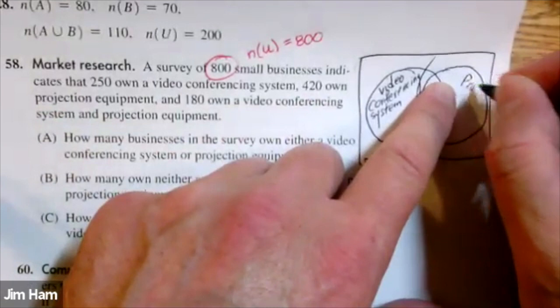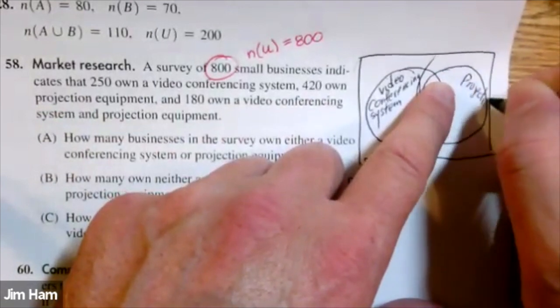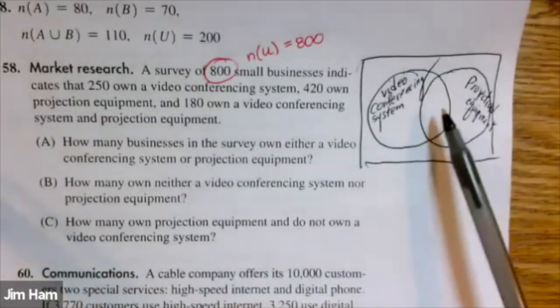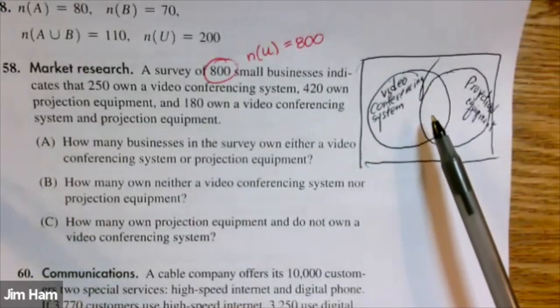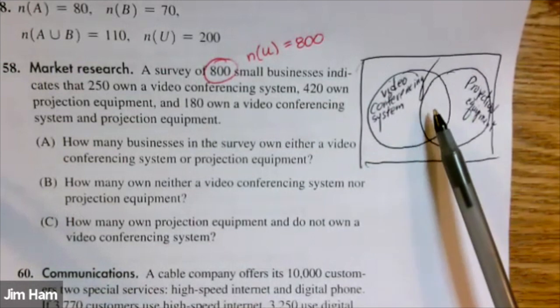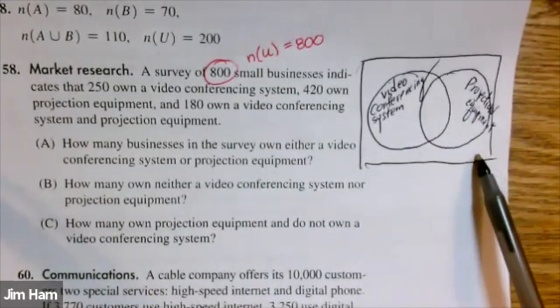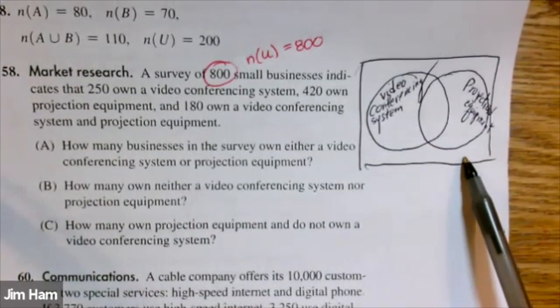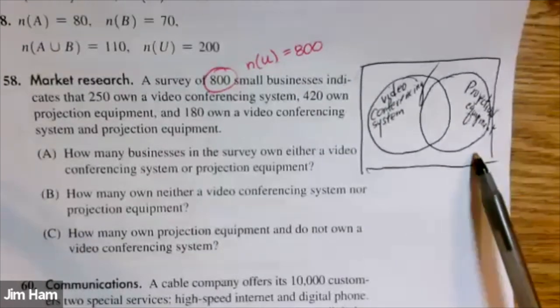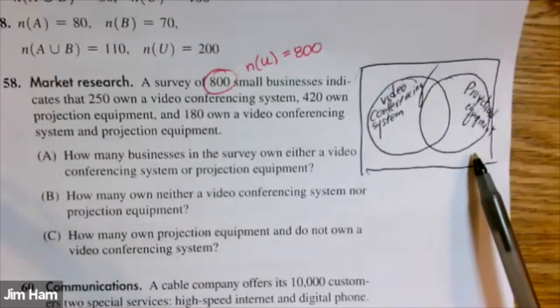All right, so over here we have projection equipment instead of set B. These folks in the middle here would own both video conferencing program or system and a projection equipment. They own both. The folks that we would put out here outside the circles, those are the businesses that own neither of those two, neither the video conferencing system nor the projection equipment.